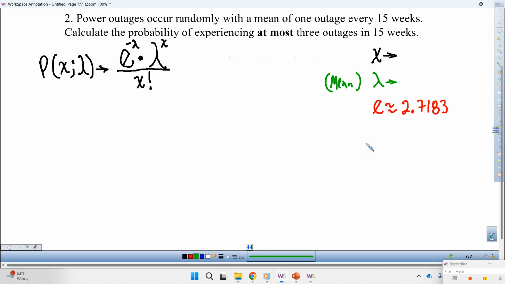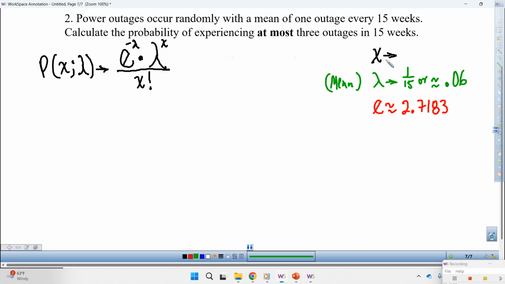Tell your neighbor how you would write that. Yes, that is correct. 1 over 15. Calculators calculate, or approximately in decimal form, that is point what? 0.067. I'm just going to leave it at 0.06 for right now.